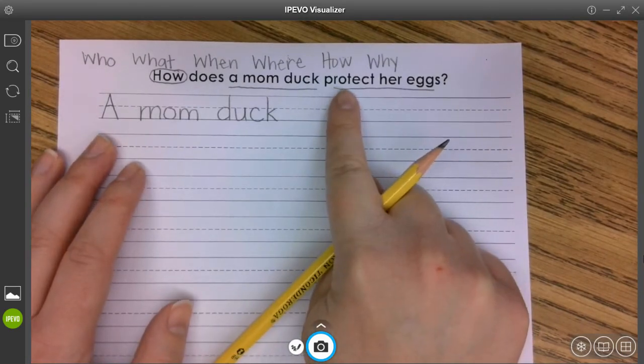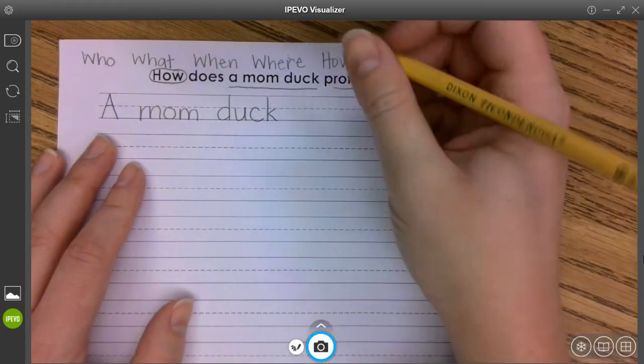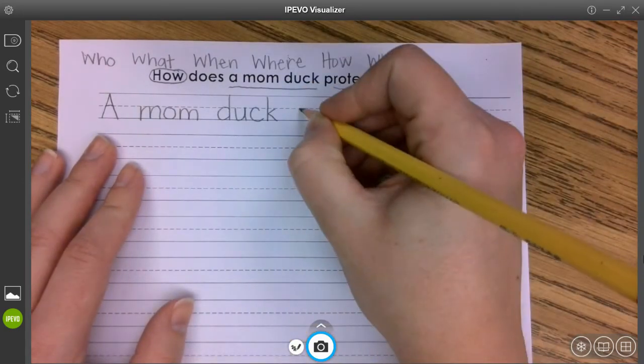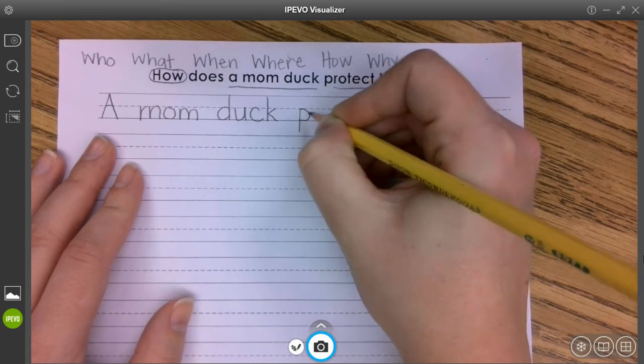So a mom duck protects her eggs. I'm just going to add an S to that as I write it.